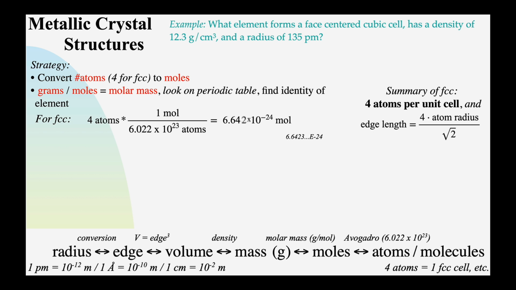So if you're getting a very large number here and you're not getting 6.64 times 10 to the minus 24, it's because your calculator thinks you want to multiply by 10 to the 23rd instead of divide by 10 to the 23rd.